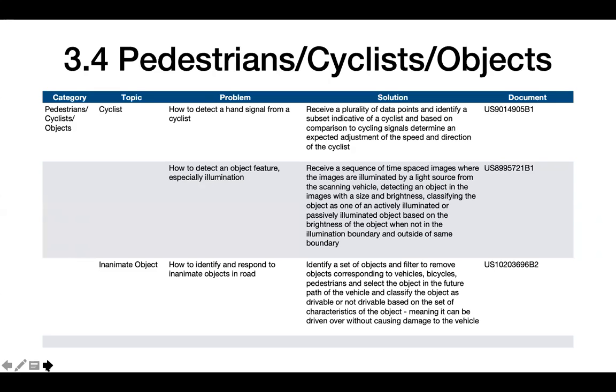The way we do that, we identify a set of objects and filter to remove the objects that correspond to things we care about, like vehicles, bicycles, and pedestrians, and select the object in the future path of the vehicle and classify it as a drivable or not drivable object based upon its classification. So if it gets checked off, it's not a person, it's not a dog, it's not a cat, it's not a car, I can drive over it. I'm sure the list is longer than that, but that's all that I will come up with at this moment.